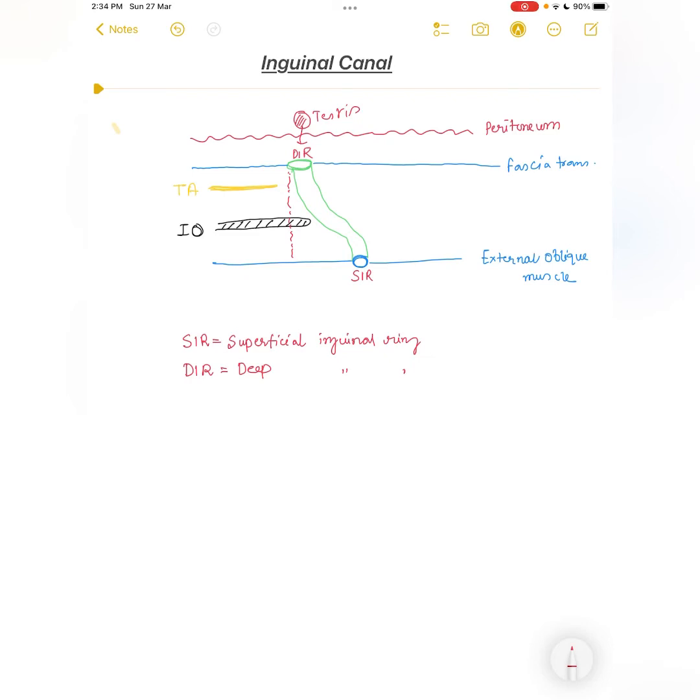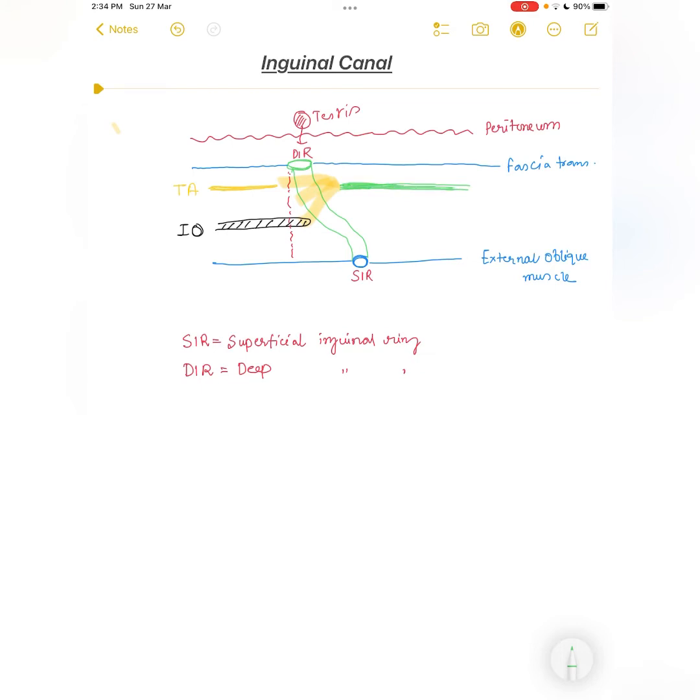This internal oblique and transverse abdominis form the roof. Then this is the conjoint tendon.